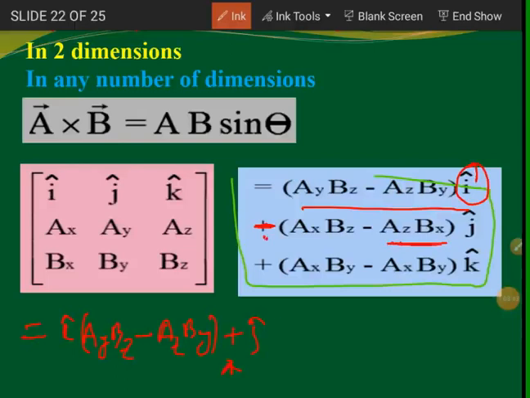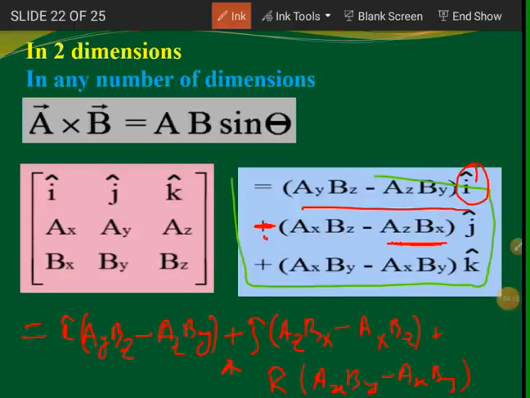So it will be AZ BX minus AX BZ, and the last one will be plus K cap, and this will be AX BY minus AY BX, like this.